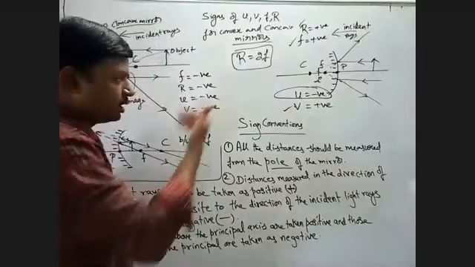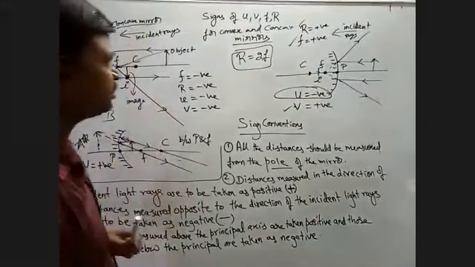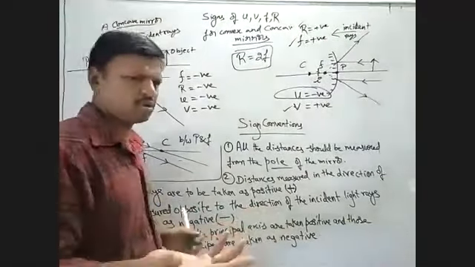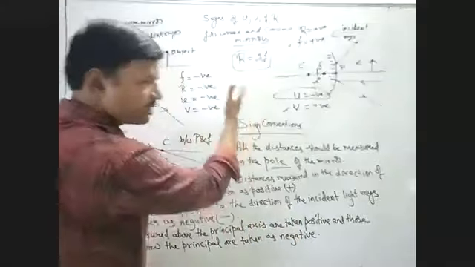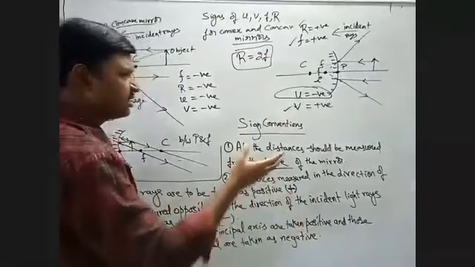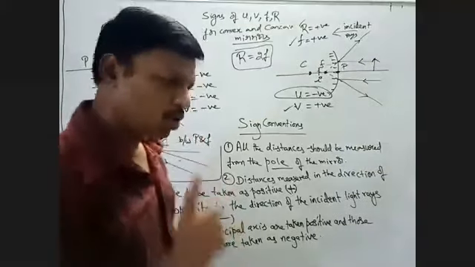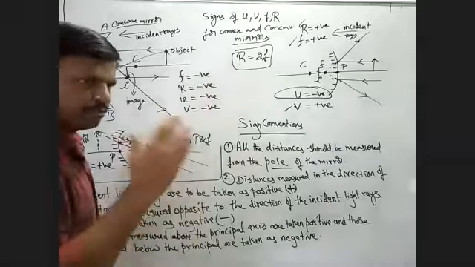Now the ray diagrams for the concave mirror. When the object is at infinity, we get a point-size image.